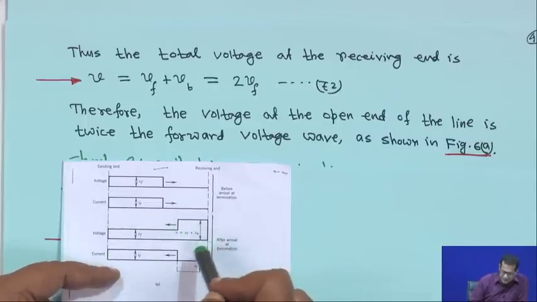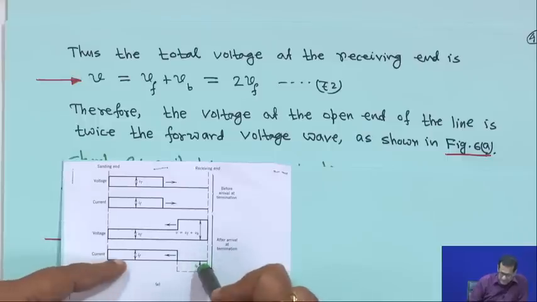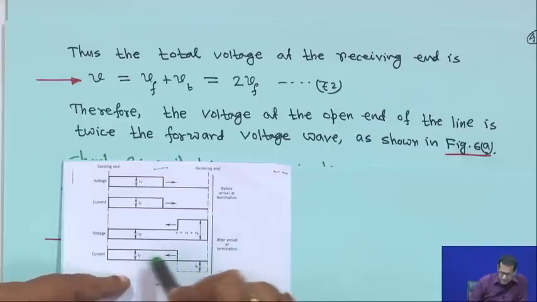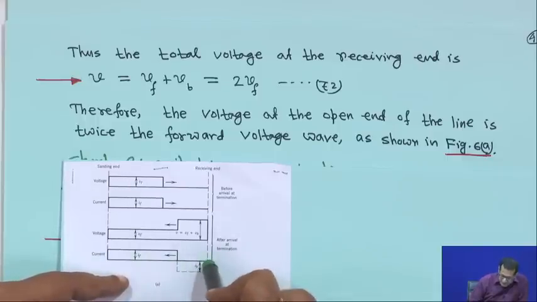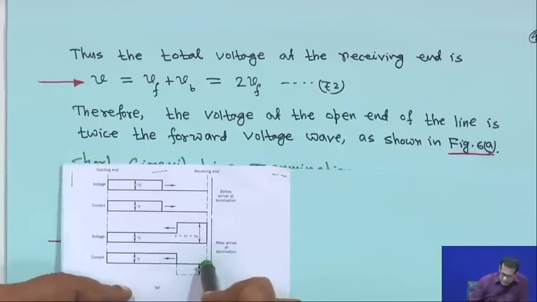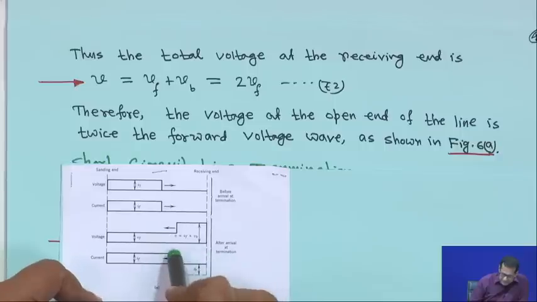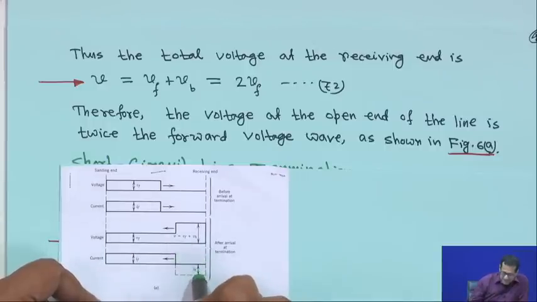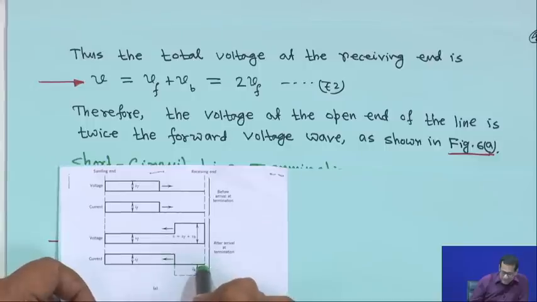In this case, the reflected current Ib will be equal to minus If. When it is reflecting back, Ib is equal to minus If. So, there is no question of any step voltage or current; it is negative, so it is compensating. Ib equal to minus If means that the current is totally nullified as it moves from right to left.